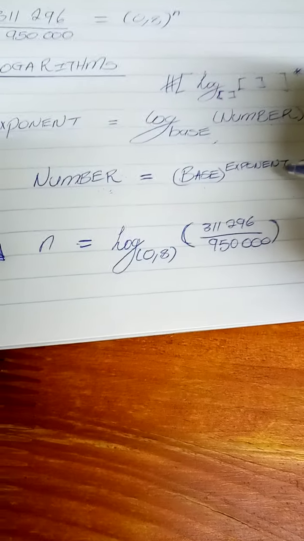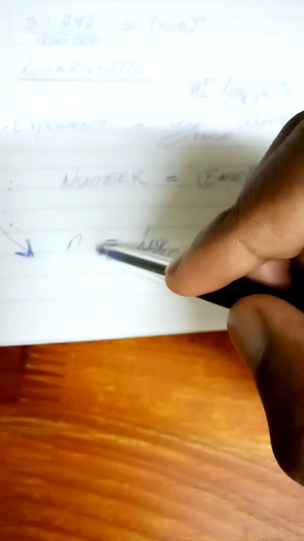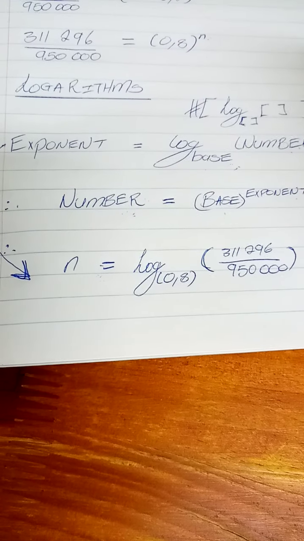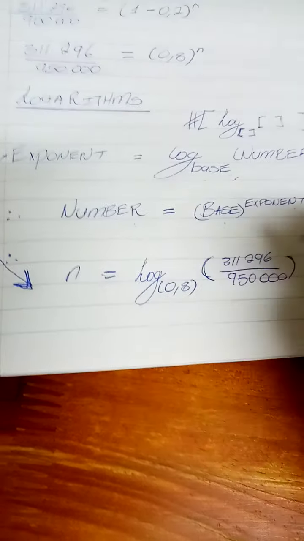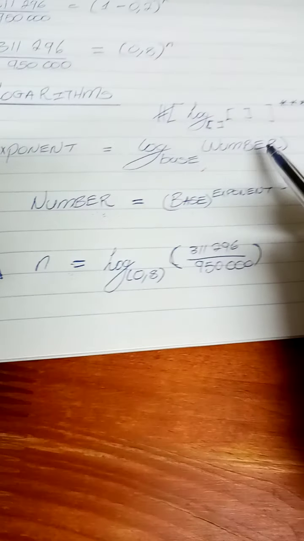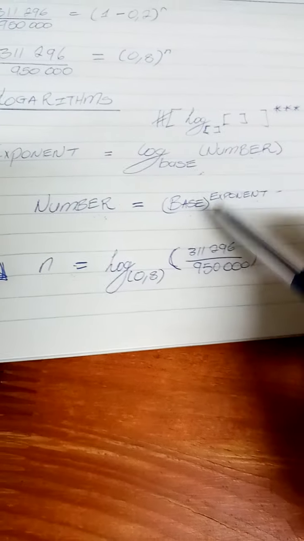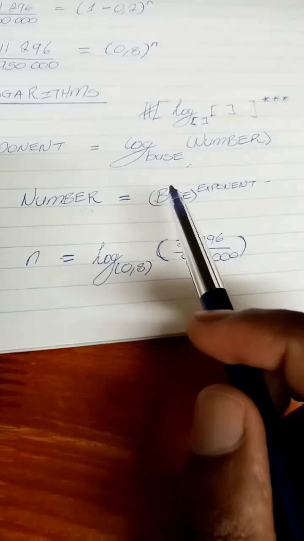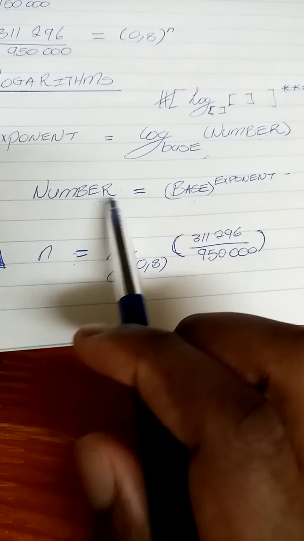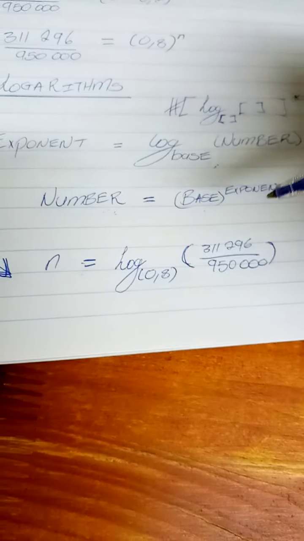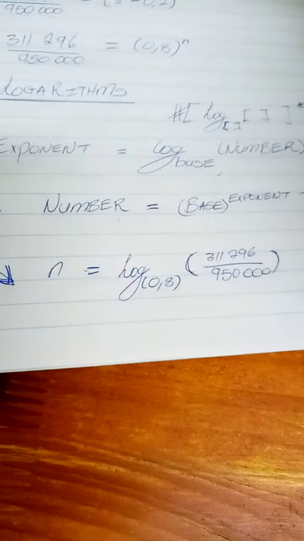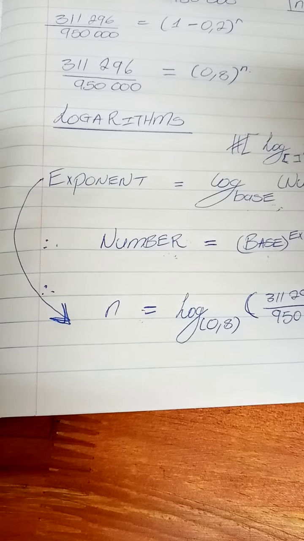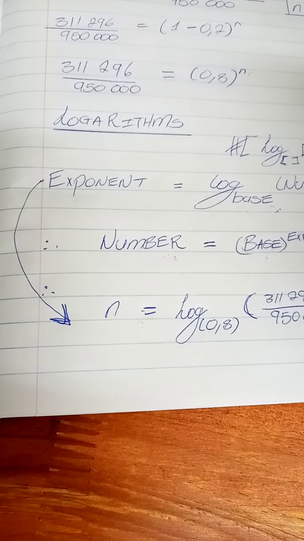The exponent came here when including the logarithms, and then the number was the one on the left hand side, which doesn't necessarily have to be on the left hand side, the number is equal to the other side, which was 311,296 over 950,000.